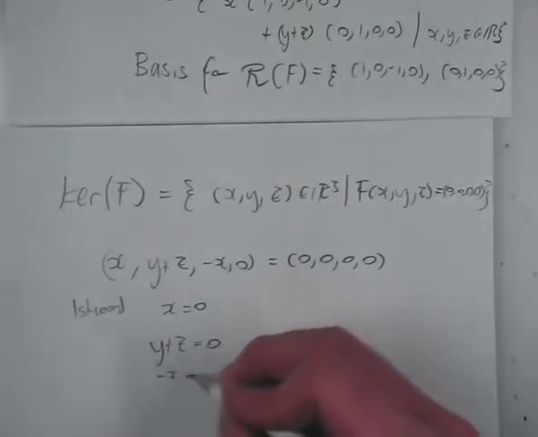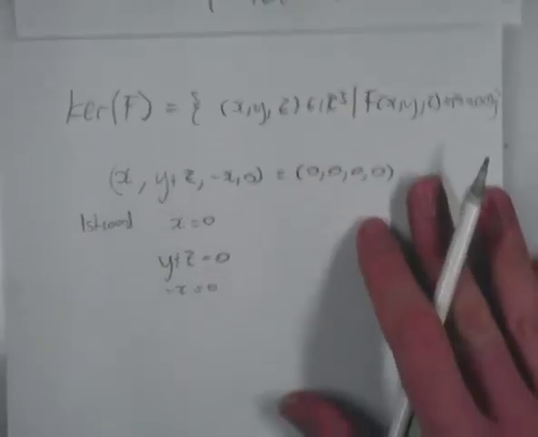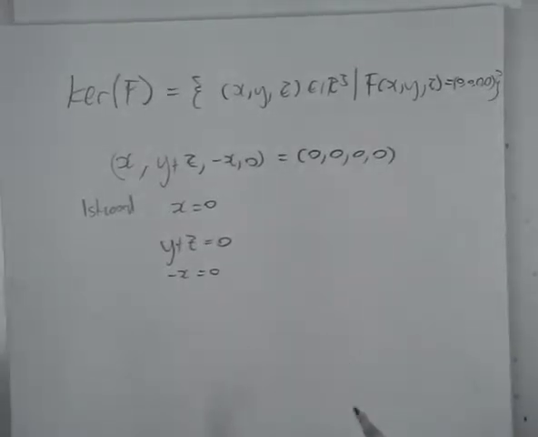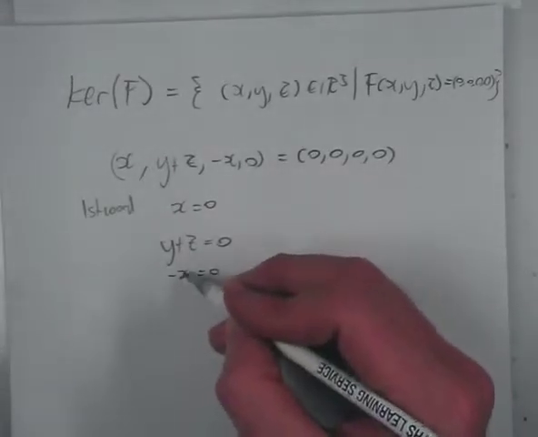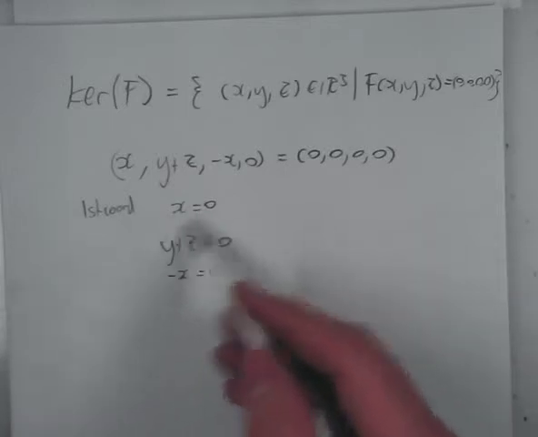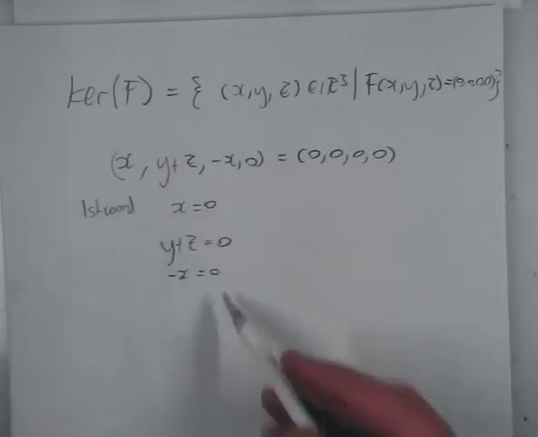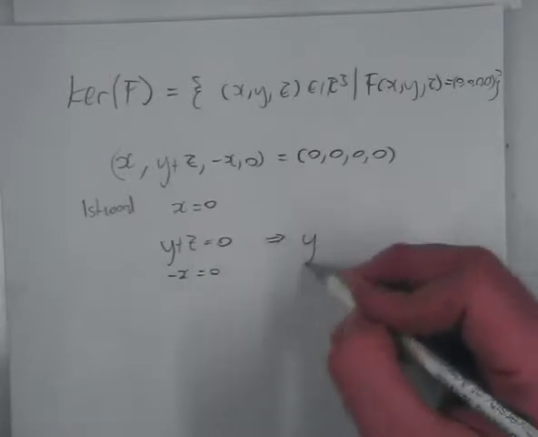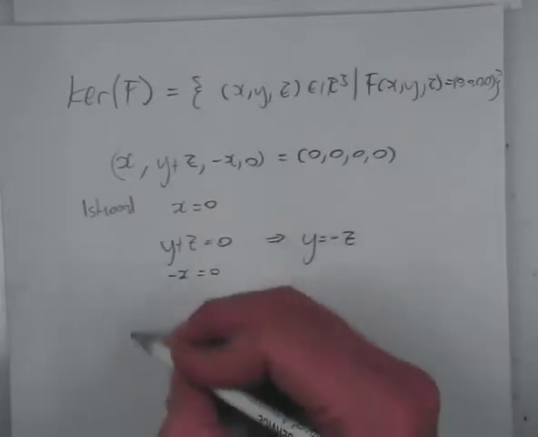So that means that technically we're actually going to be solving a matrix at this point. But at the moment, it's not actually completely necessary because we know x is 0, and we know that y is equal to minus z. So we can write everything in terms of that.